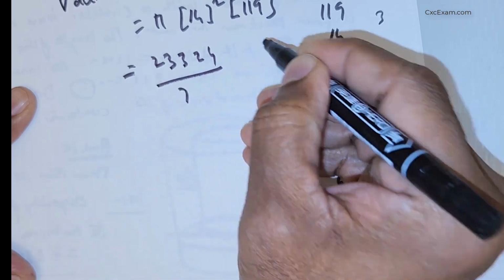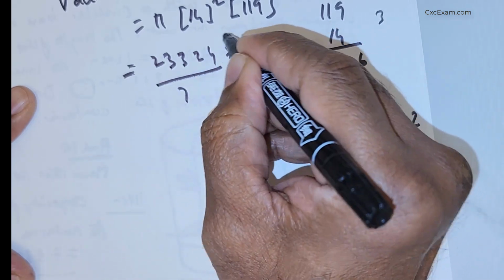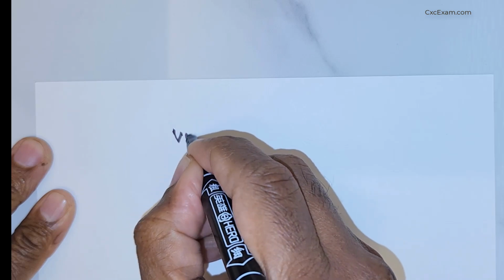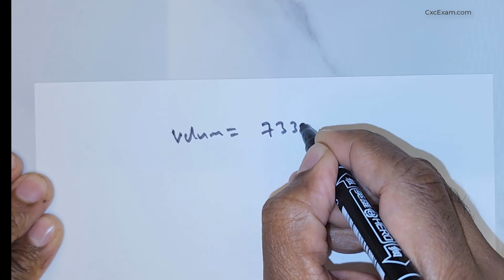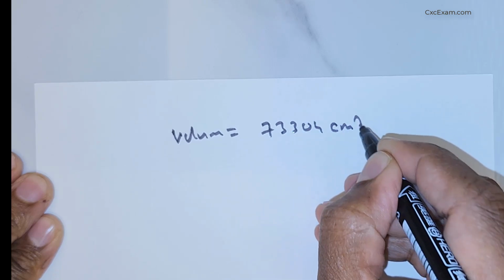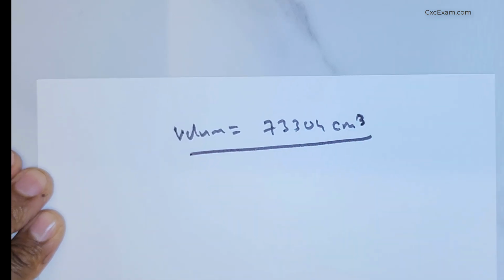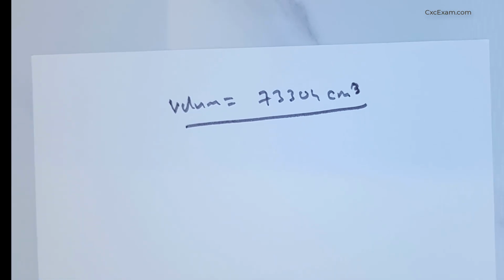You have to multiply by 22 over 7. Evaluating this, you get the volume to be equal to 73304 cm cubed. Okay, so that's the conclusion for this question.